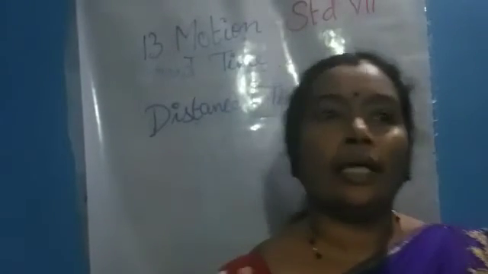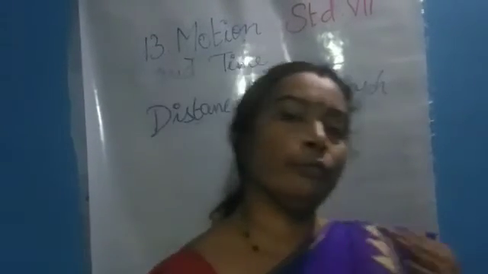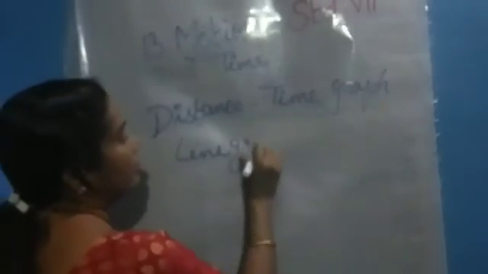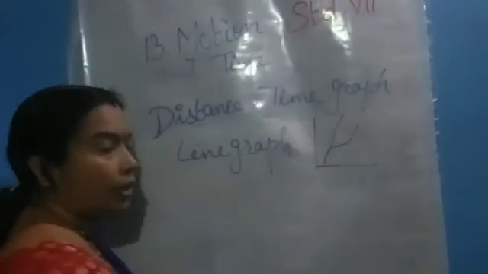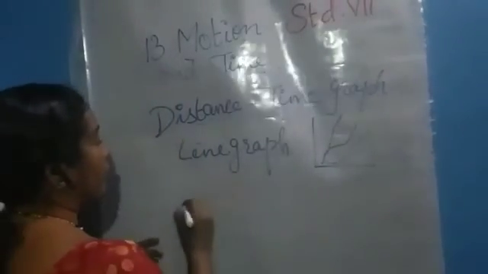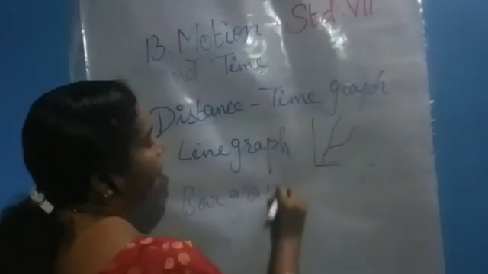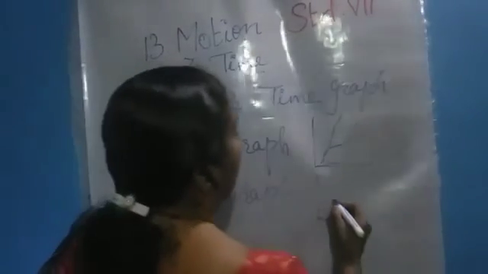And there are more types of graphs. Those are line graphs. Line graph means it will be a line, a straight line or a curved line, like that. Otherwise bar graphs. Bar graph means instead of the line we will use bars, like this.